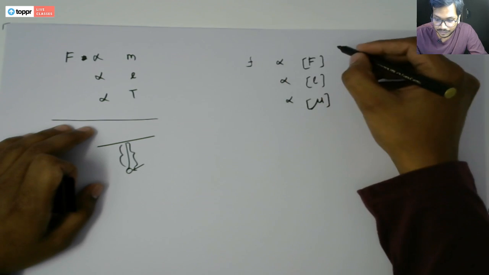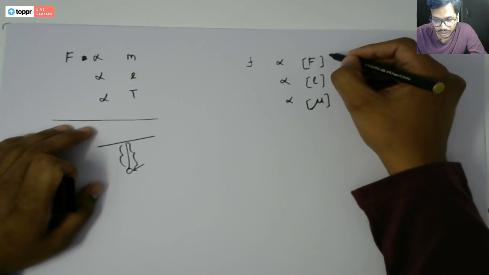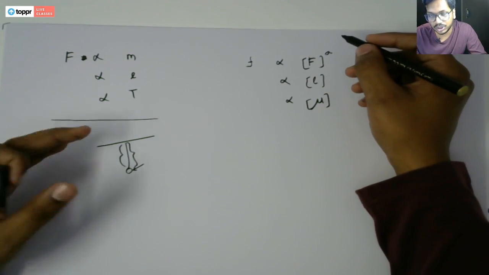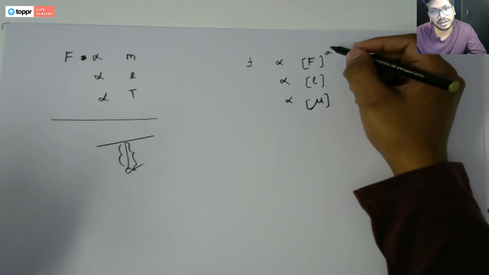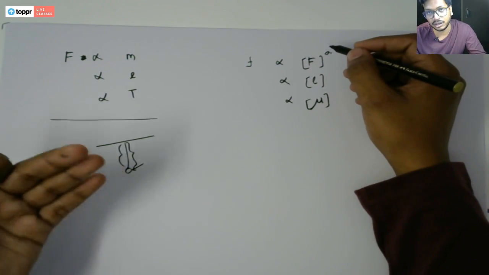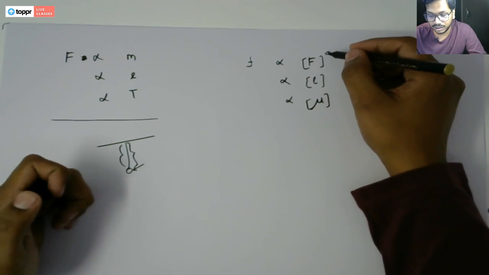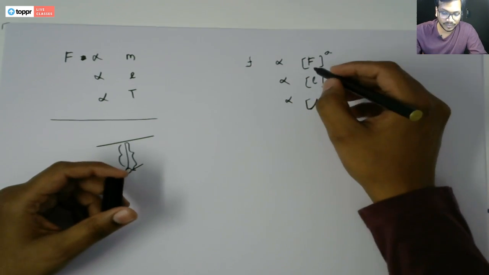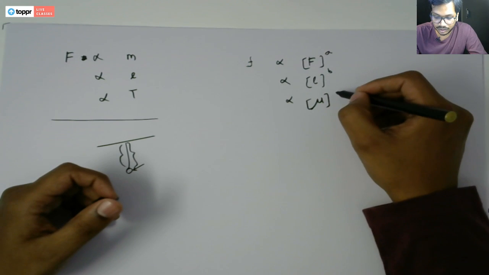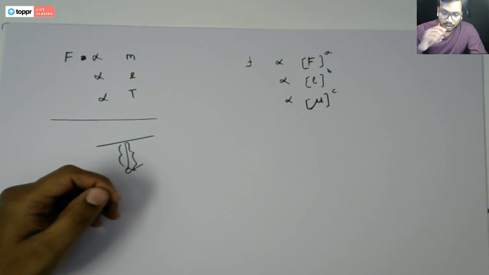Let's say the small f is proportional to capital F raised to a. a can be 0, 1, -1. That will tell us whether it is related directly or inversely, or it is not related at all. So let us assume for a time that F raised to a, then L raised to b and mu raised to c.